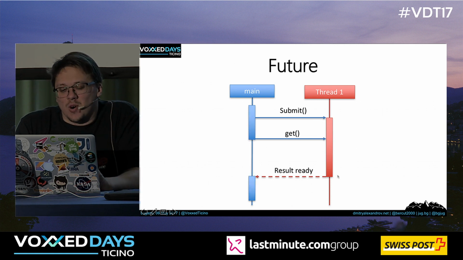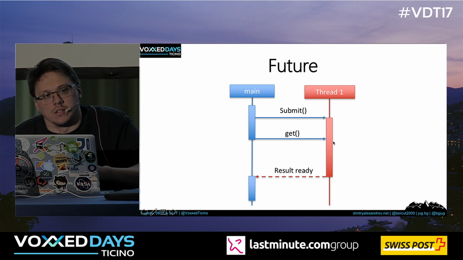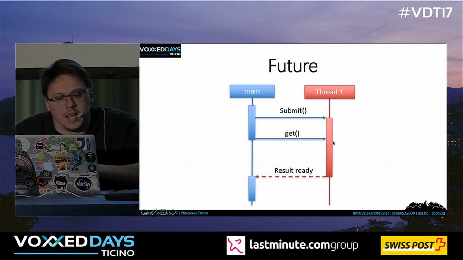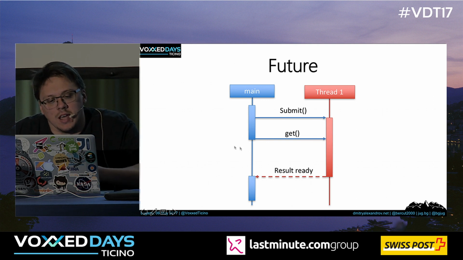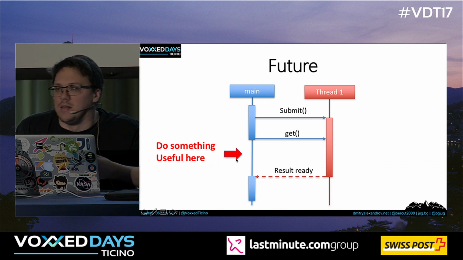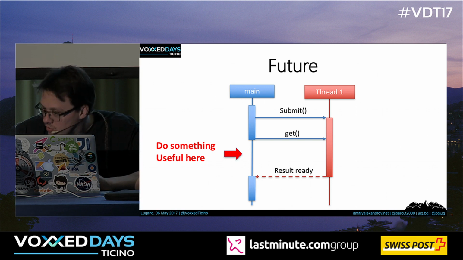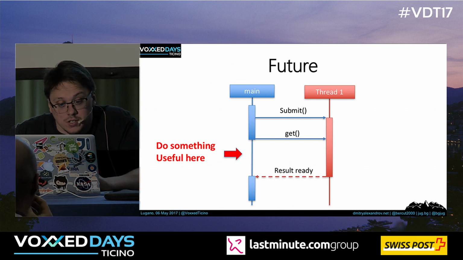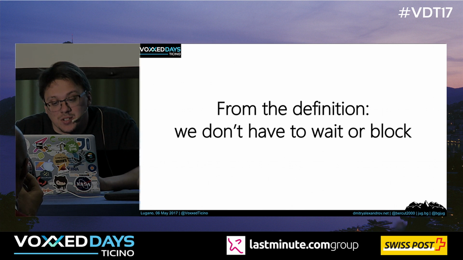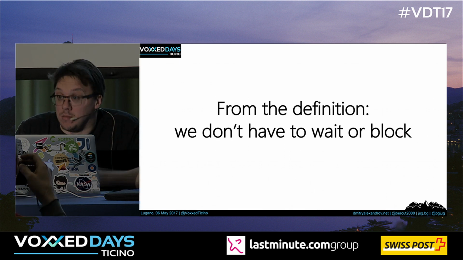We want something like this, where when the main thread calls the get method, the other thread is working, and in this gap we want to do something more useful. And from the definition, as I told you, we don't have to block. So how is it possible not to block?